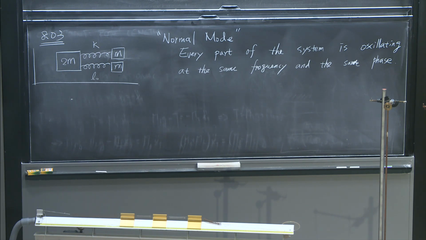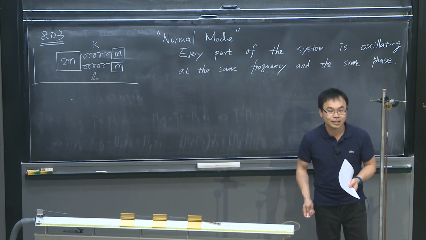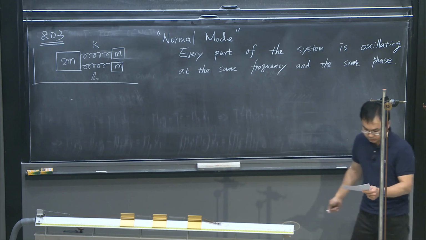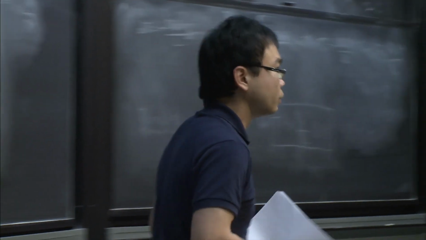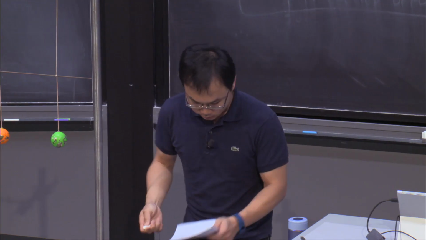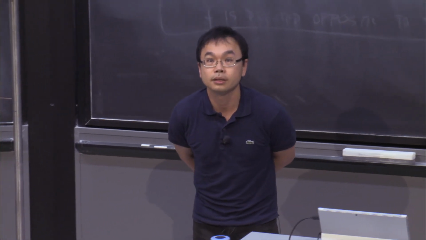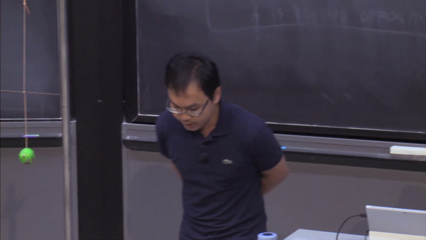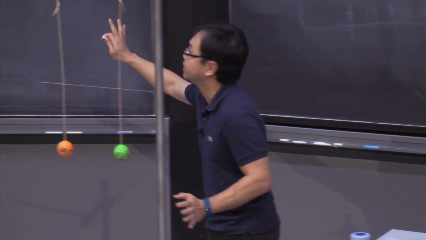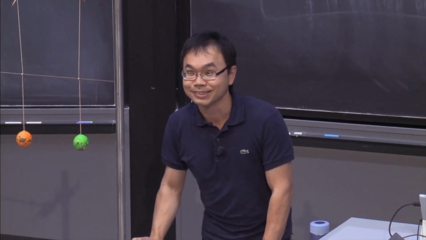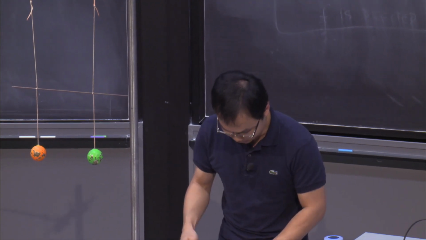We will later realize that those special kinds of motion, which are easier to understand, actually help us understand the general motion of the system. You will realize later that the most general motion of the system is just a superposition of all the identified normal modes, and we are done because we have a general solution already.